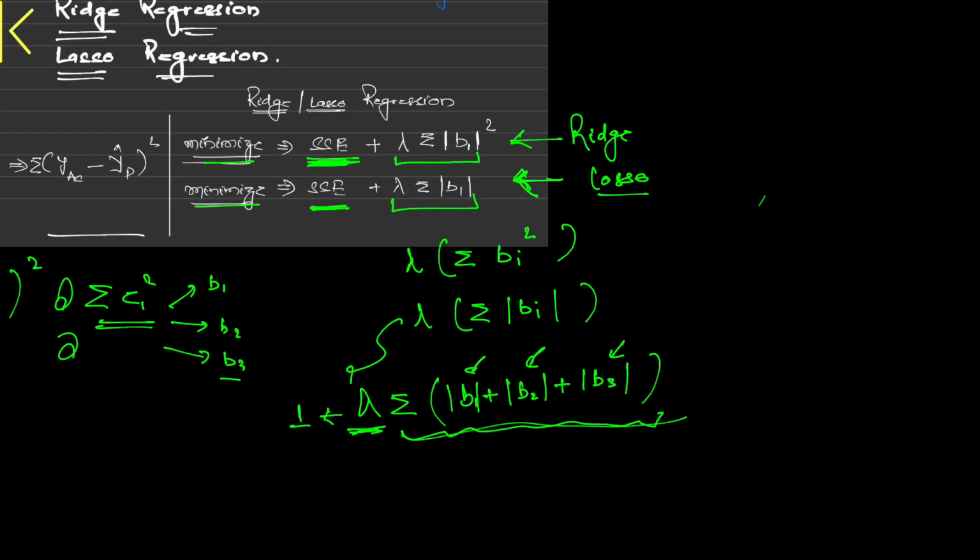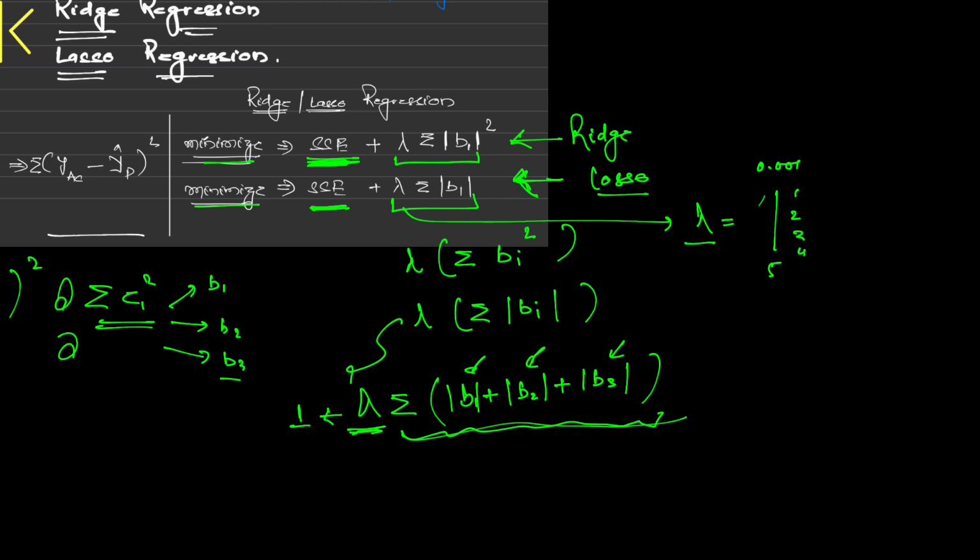Now, what about this hyperparameter? This lambda should be given by the model owner, the domain expert or the researcher. It can take any value, from 0.0001 to say 1, 2, 3, 4, 5, 10, whatever the value would be.